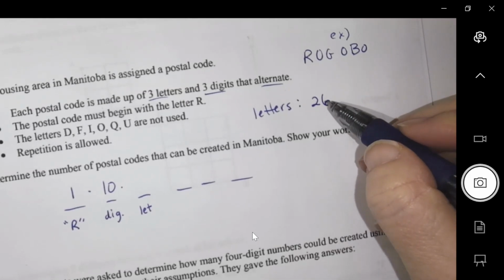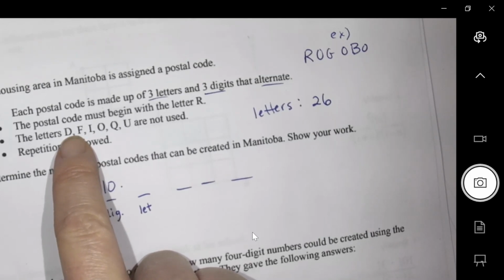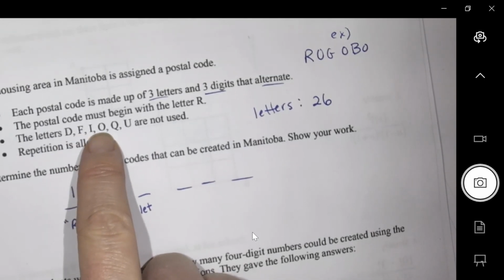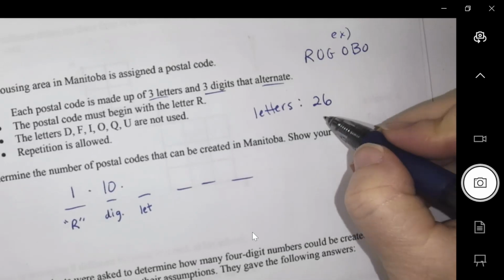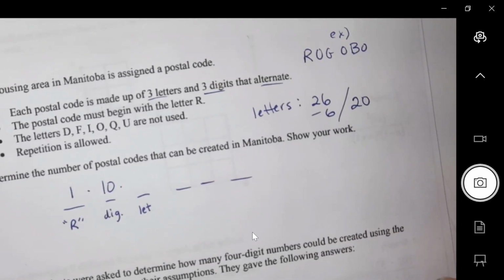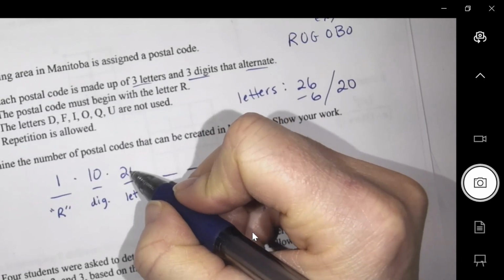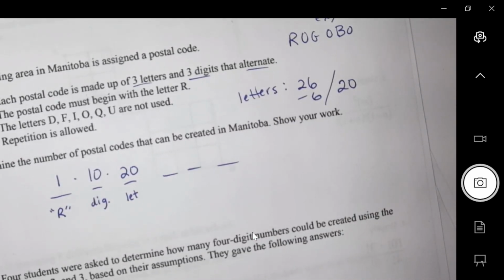26? Okay, but it says that I can't use these. So 1, 2, 3, 4, 5, 6. I can't use 6. So it's telling me I have 20 letters that I could pick from. And I can use R again.